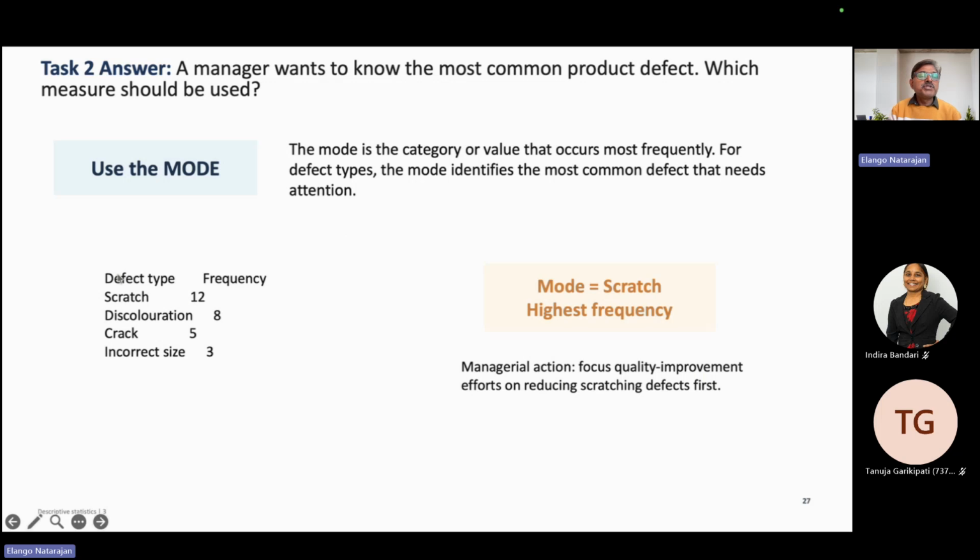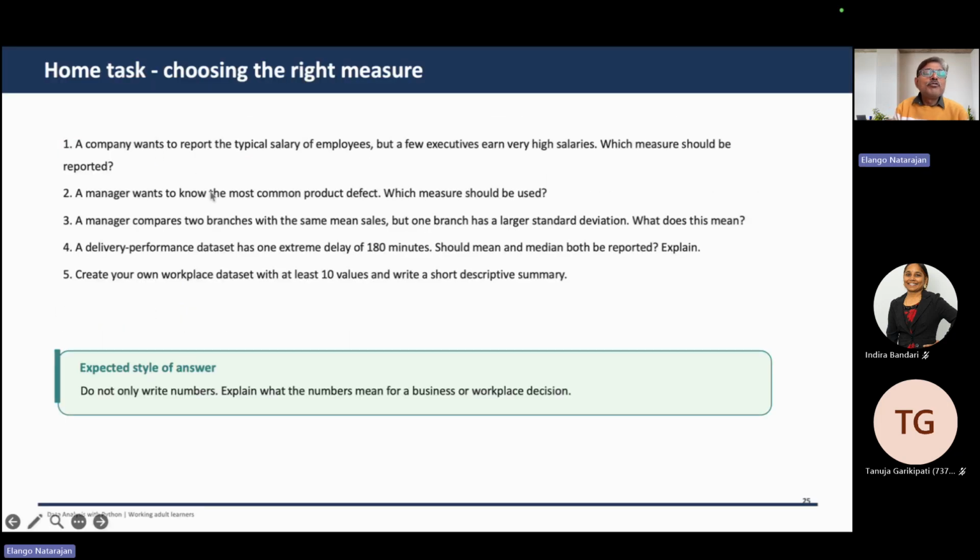For this question I put here scratching appearing 12 times, discoloration 8 times, crack 5 times, incorrect size 3 times. So I know that scratching appears most frequently, so I should take the decision to reduce scratching. The management can take control action against scratching based on your interpretation. So for this question, it is better to go with mode.